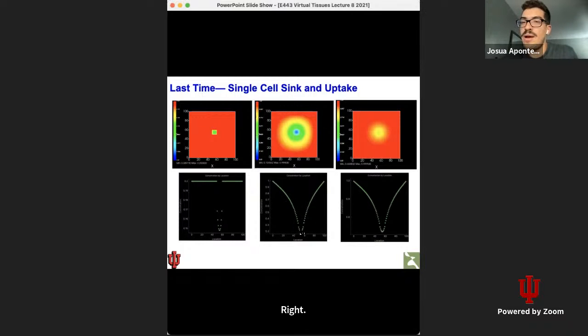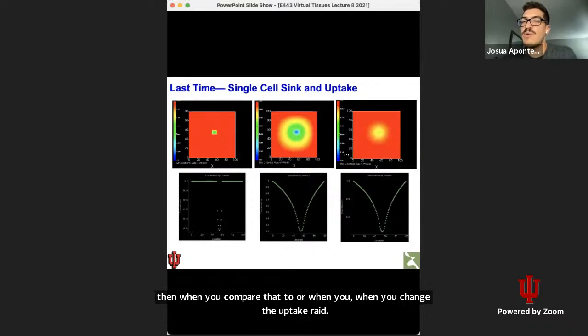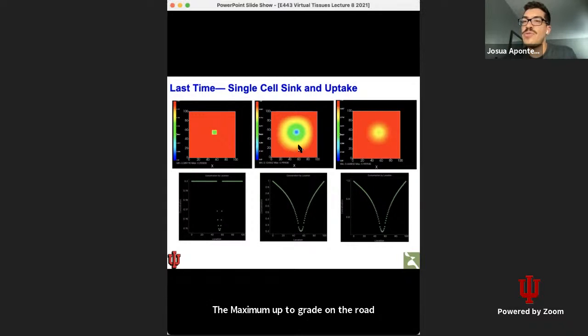And when you change the uptake rate, the maximum uptake rate and the relative uptake rate, what you see in these two different cases is that the concentration profile changes because how much of the molecule is being uptaken by the cell changes from one simulation to the next.